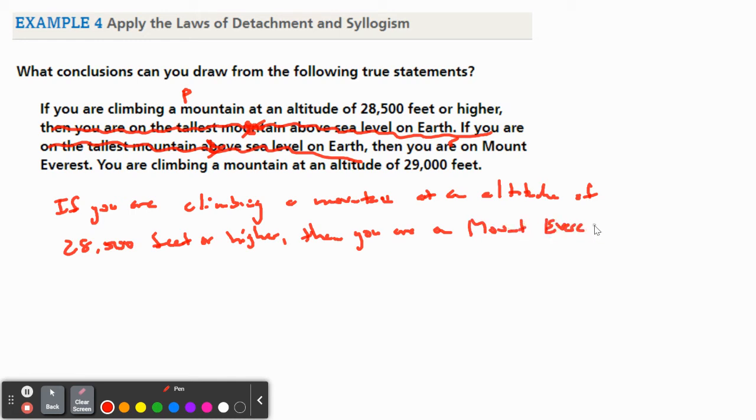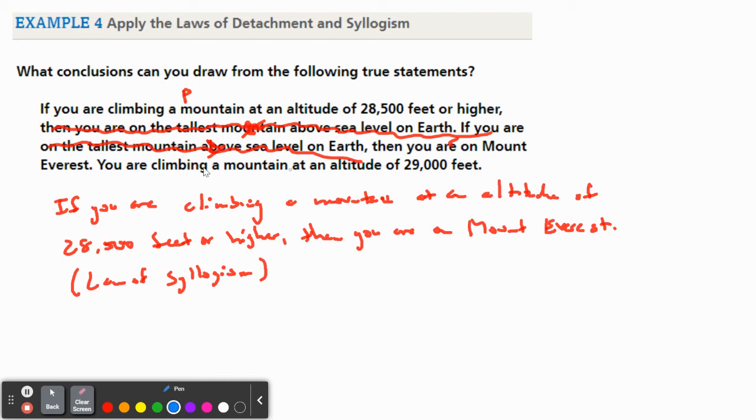Okay, so that is using the law of syllogism to connect the first two. So this was using the law of syllogism.